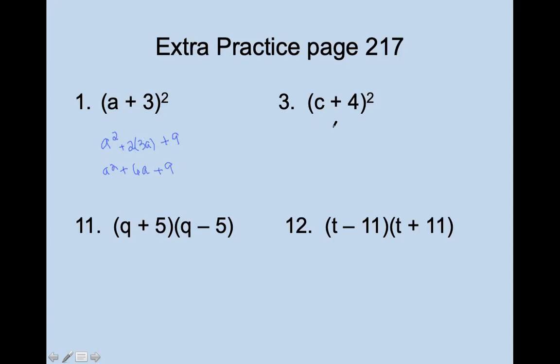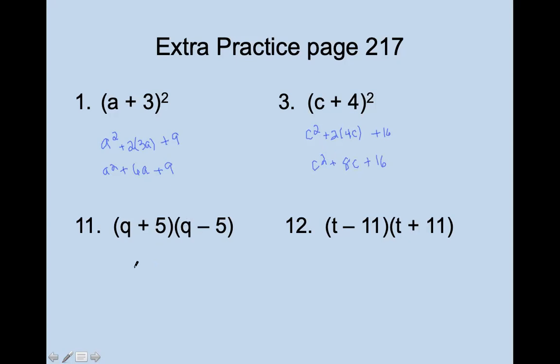All right, let's look at number 3. Again, the pattern is c squared at the beginning, 4 squared, 4 times 4, 16 at the end. What's in the middle? 4 times c, and we double that. So 2 times 4c, which is going to be c squared plus 8c plus 16. All right, let's look at 11.